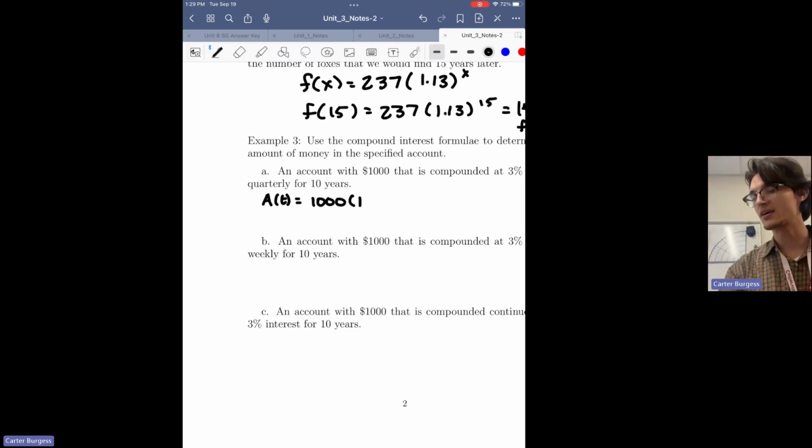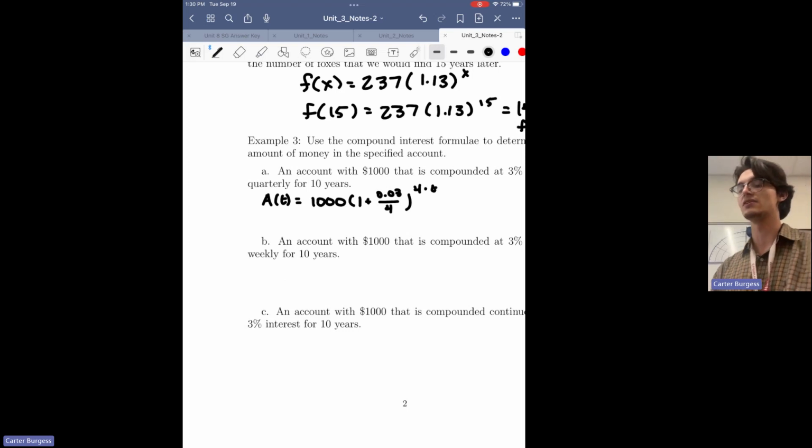And then we are adding on top of it that 3%, that 0.03. But then how much of that 3% at each turn? We want 1/4 of that 3%, because we are going to be seeing that piece of our 3% 4 times. We want to total up to 3%. And then what are we raising this to? Well, that's going to be 4 times a year times the number of years, in this case, T.